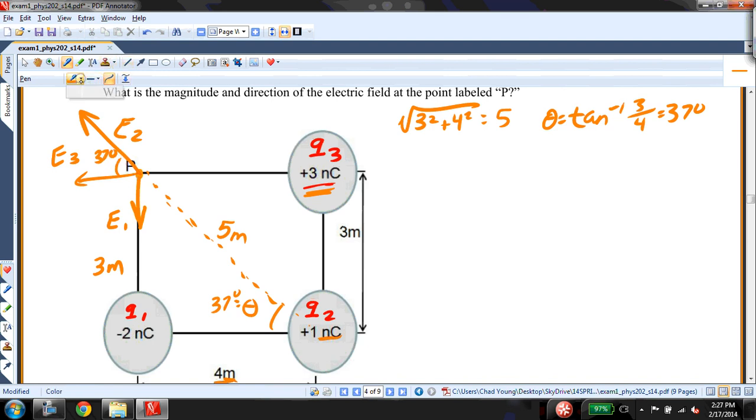Now I'm going to go ahead and calculate E1, E2, and E3. So E1 is kQ over R squared.